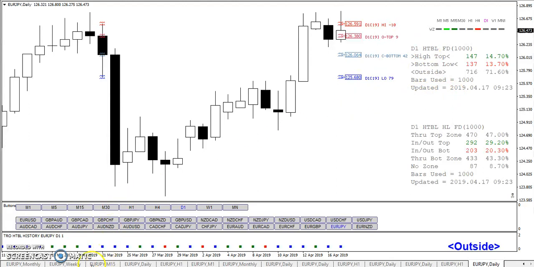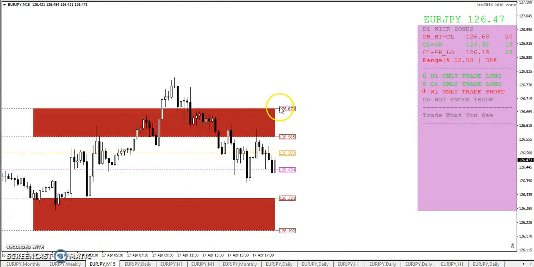Once again, we're just talking simple horizontal lines based on the previous day's high, the previous day's candle top, the candle bottom, and the previous day's low. It's just simple. There's nothing esoteric about it. There's nothing complex about it. It's just flat out simple.